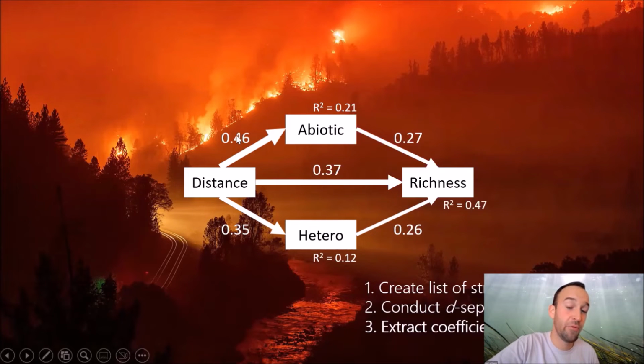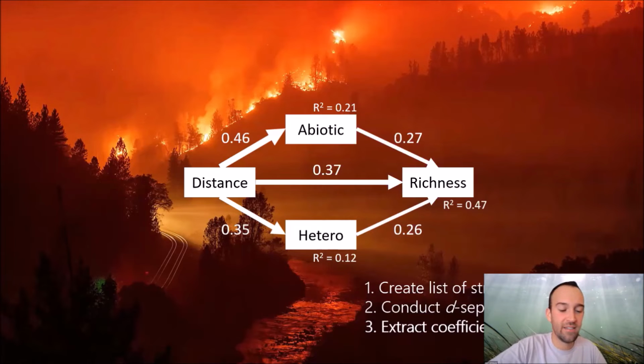So for example, here 0.46 times 0.27 would be the indirect effect of distance on richness mediated by the abiotic environment. And you could compare that to the magnitude of the direct effect here, which is 0.37. So some really elegant and nuanced understanding comes out of being able to build out these networked models.